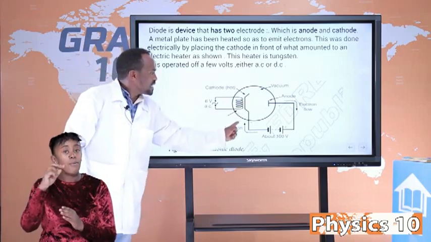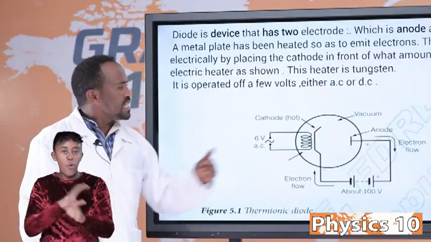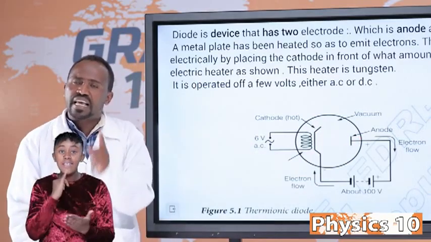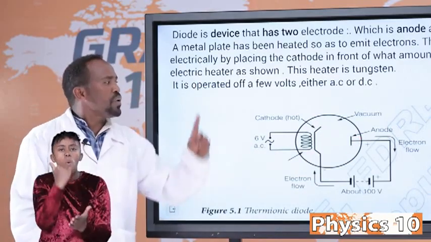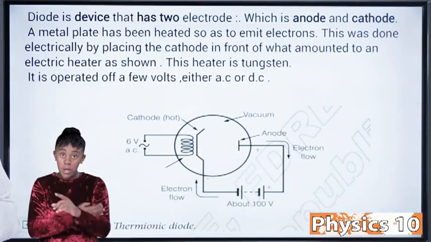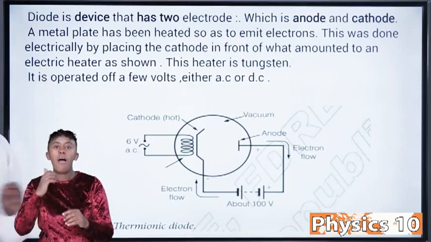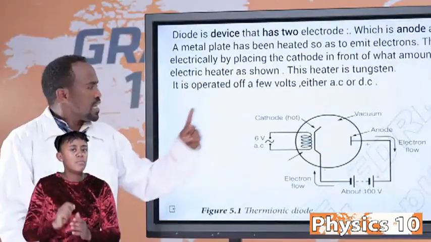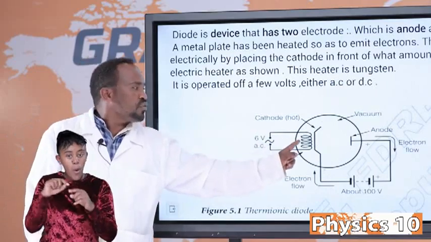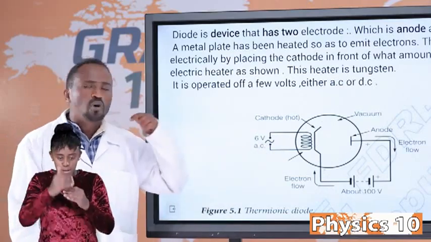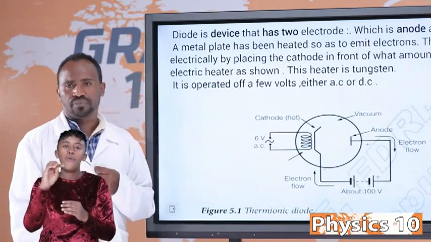The cathode is at negative potential, while the anode is at positive potential. There is a reason why we connect the anode at positive potential and the cathode at negative potential. The reason is, since electrons start to be emitted from the cathode surface by heating, they are pulled toward the anode.